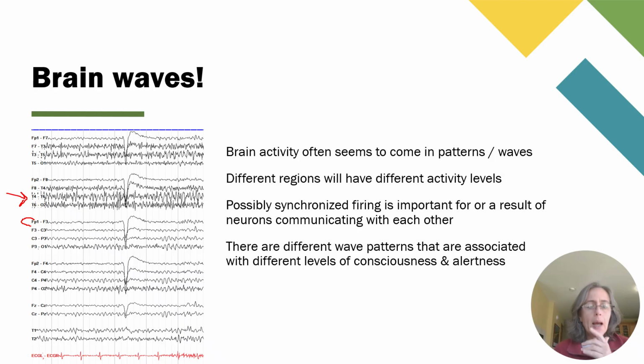We're not really sure. But we also know that there are different wave patterns in terms of amplitude and frequency that we tend to see more during different levels of consciousness and alertness. That's why this is relevant to our discussion of sleep and why we're talking about EEG now, because much of what we know about stages of sleep comes from things that we can see on an EEG.